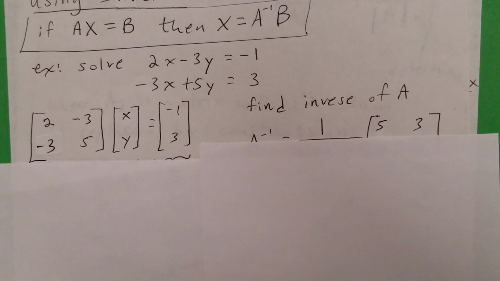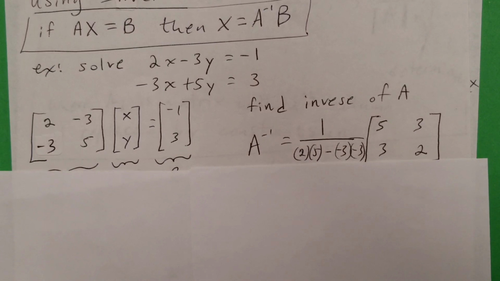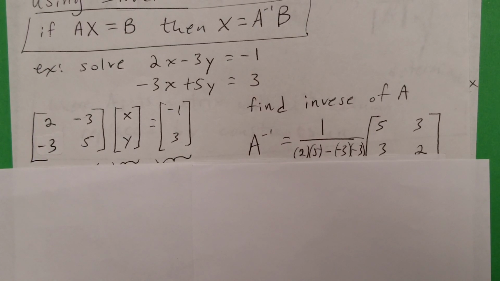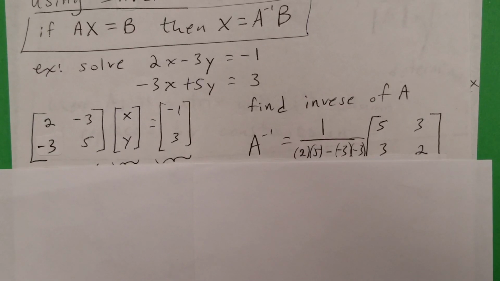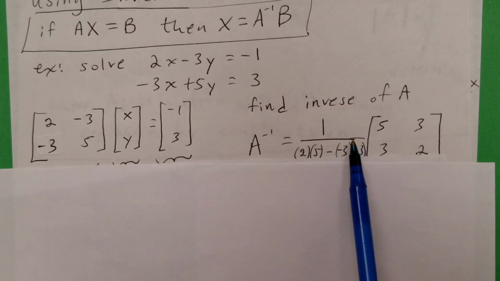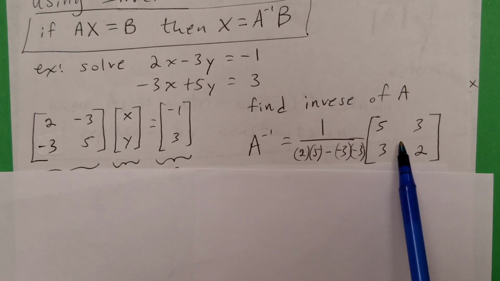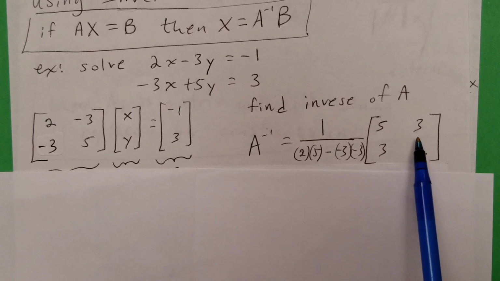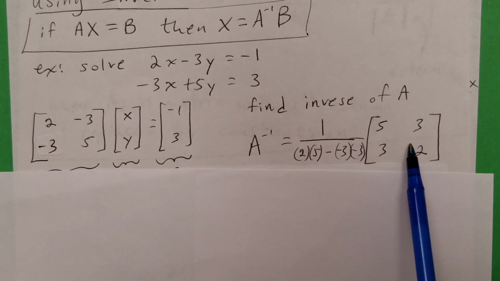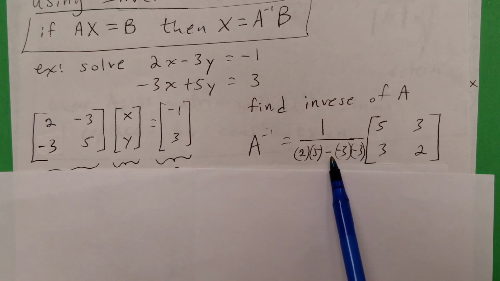How do you do that? Well, if you look back to yesterday, to 6-2, the way we do it is 1 over the determinant times the A matrix with the numbers switched around and the signs changed. So what is the determinant?